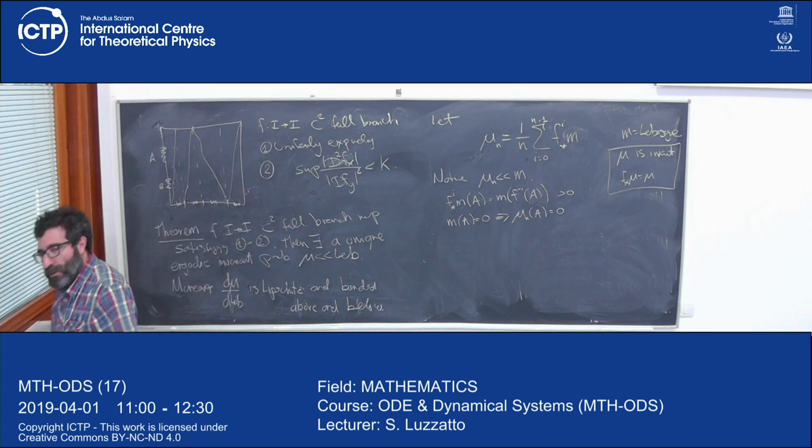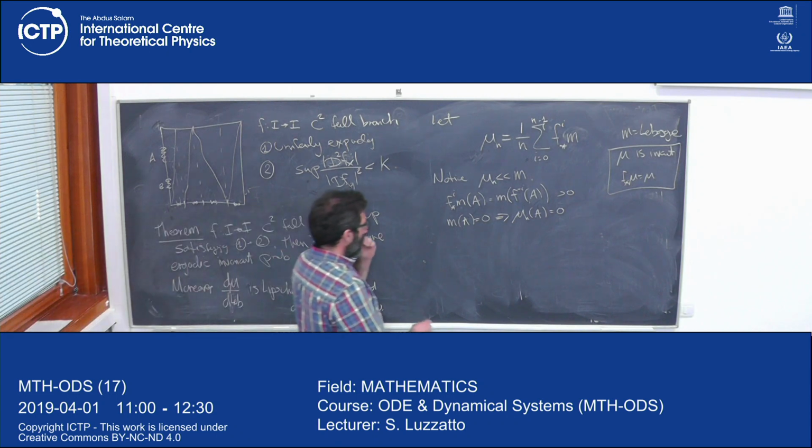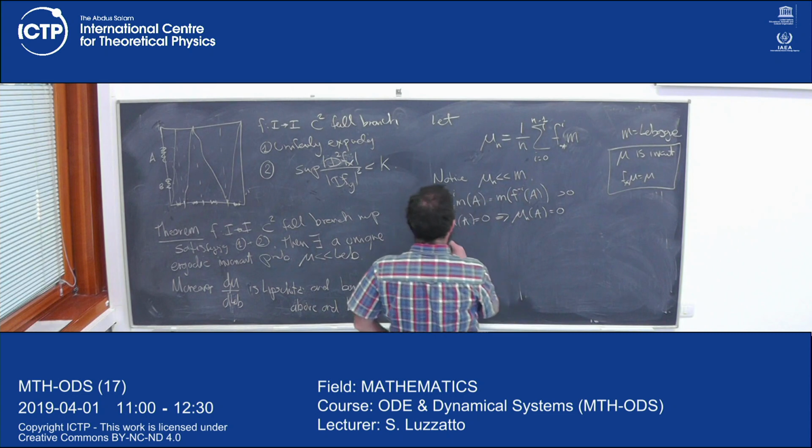Now, does that automatically imply that an accumulation point is also absolutely continuous? If we could do that, we would more or less be done. So let's do a specific example.